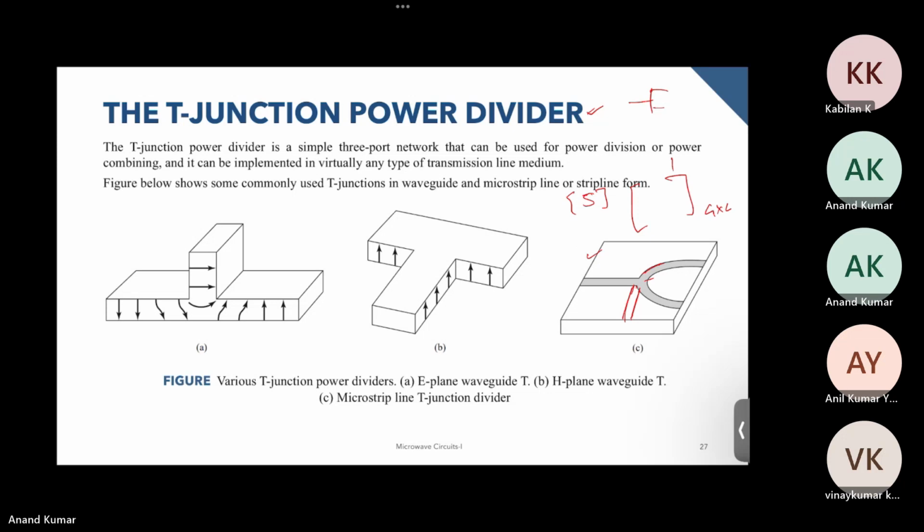If we want all the ports to be matched, we have to make the diagonal elements S11, S22, S33, S44 zero, and according to the ratio in which we want to send power, we have to adjust S12, S13, and S14.